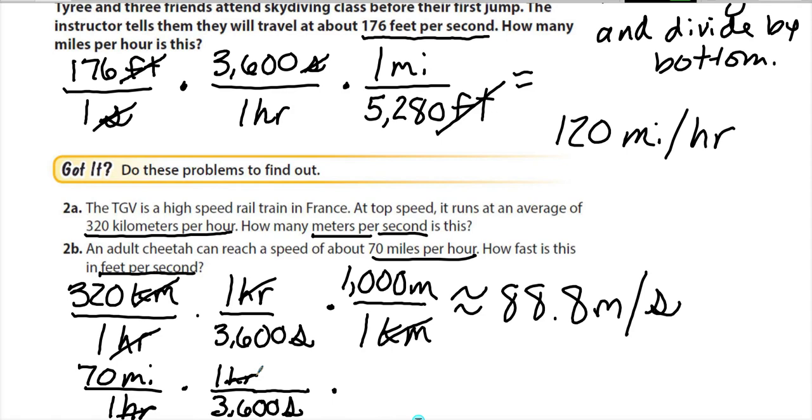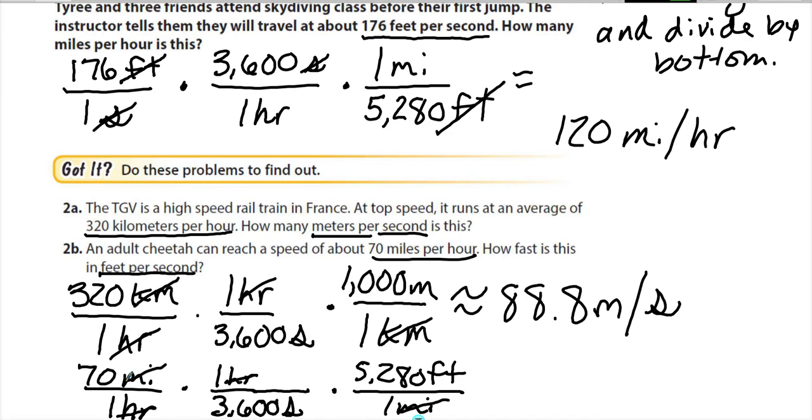There's 5,280. So we need that on top because we want the feet to be the last one. So we want miles to cancel, so it needs to be on the bottom. So it's going to be 5,280 feet. And then we're going to have 1 mile on the bottom, and then that's going to cancel out the word miles.